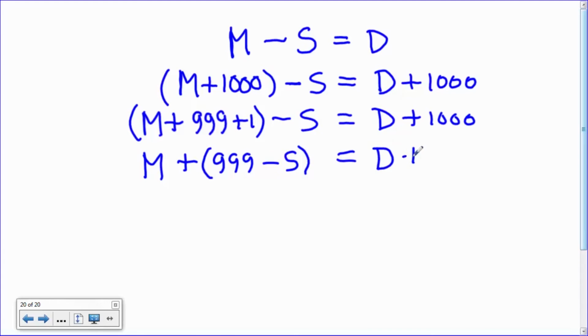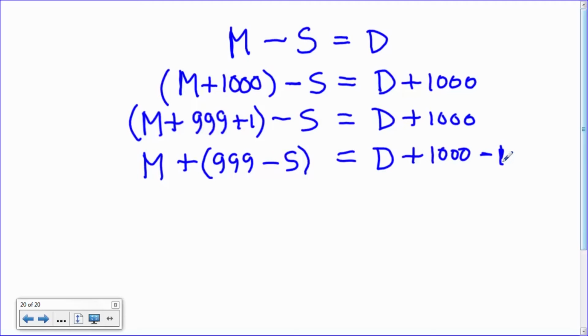So over on the right-hand side, I've got the 1,000, but I took 1 from both sides, so I'm going to subtract 1 from this side as well. So everything I've written down here from an algebraic perspective is equal. But again, notice what I'm doing. I'm modifying the minuend.